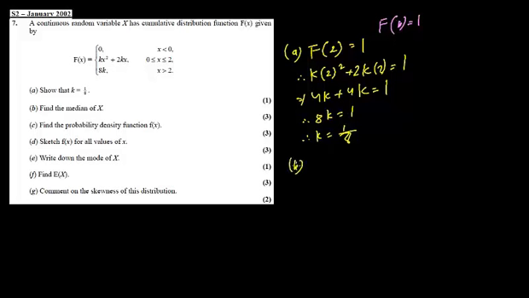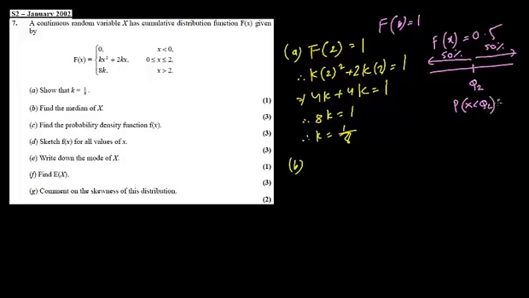Question number B is finding the median. Now the rule for median is CDF equals 0.5. This is because median means it's the middle data. If this is median Q2, then it means 50% of the data is below and 50% of the data is above. So in terms of probability, we write it as x is less than median equals 50%.